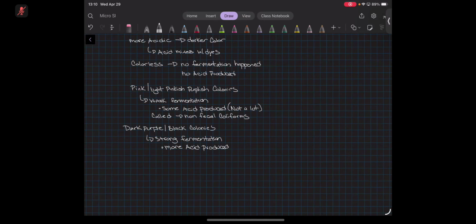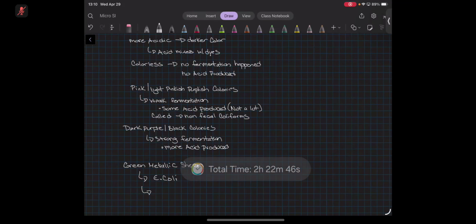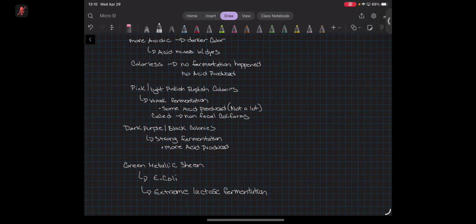And if you have a green metallic sheen, that's automatically E. coli. That's all you need to know. Well, I'll give you guys the detail just in case, but that's the bacteria, E. coli. That means extreme lactose fermentation happened. Huge acid production.